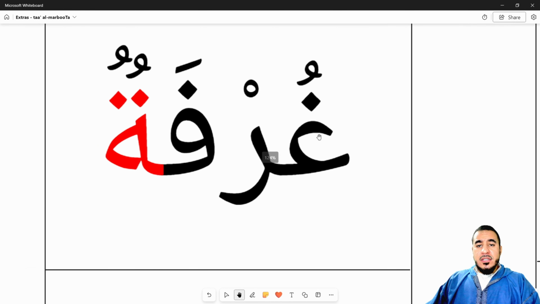Okay? So if this was not the last word in a sentence, then we would pronounce the ta al-marbuta as the ta with whatever haraka it comes with. If it comes with the dhammatan, we would say ghurfatun. If it came with the kasratan, ghurfatin, and with the fathatan, we would say ghurfatan.